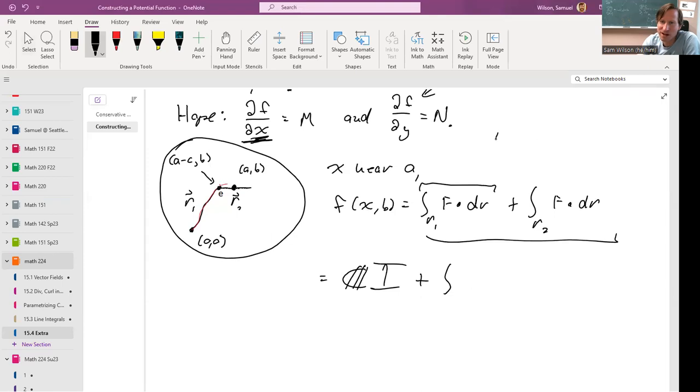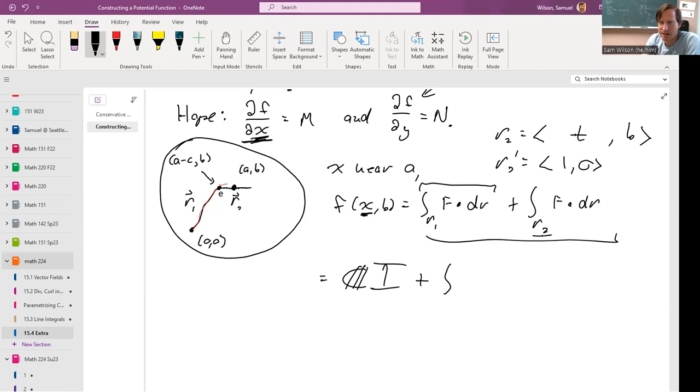Okay, plus the integral. So what we'll do is actually write down a parameterization for R2. R2 starts in the x direction, going from a minus c over to this x coordinate. So the y coordinate is b, and the x coordinate, we can just call t, right? And then R2 prime is now (1, 0).